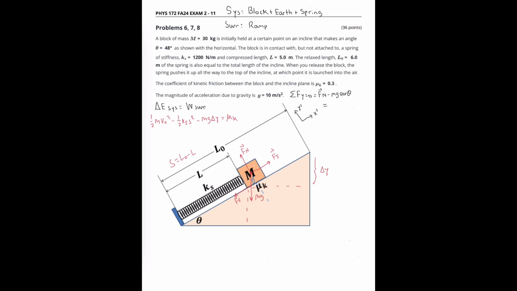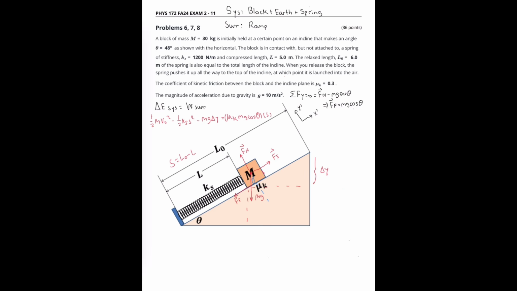So we can say the normal force is equal to mg cosine theta. So we have mu k times mg cosine theta for our force, and then our distance, which is s.